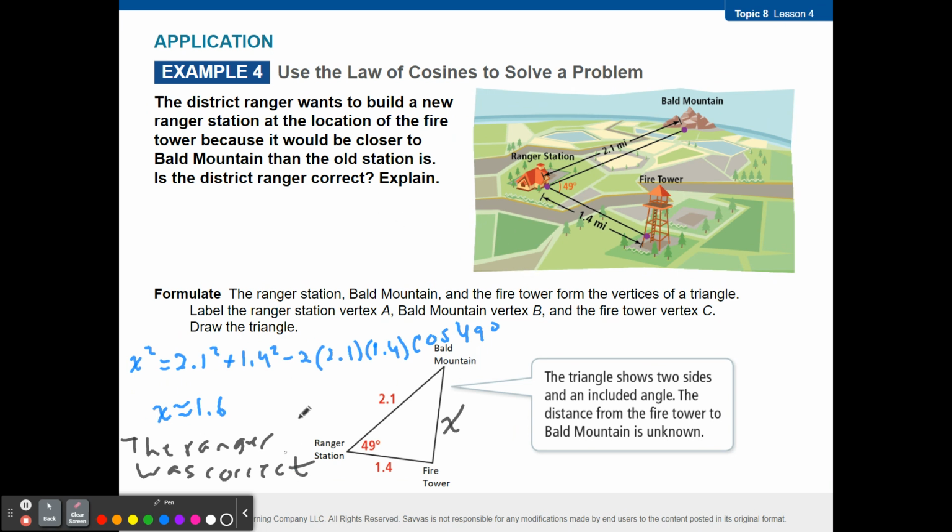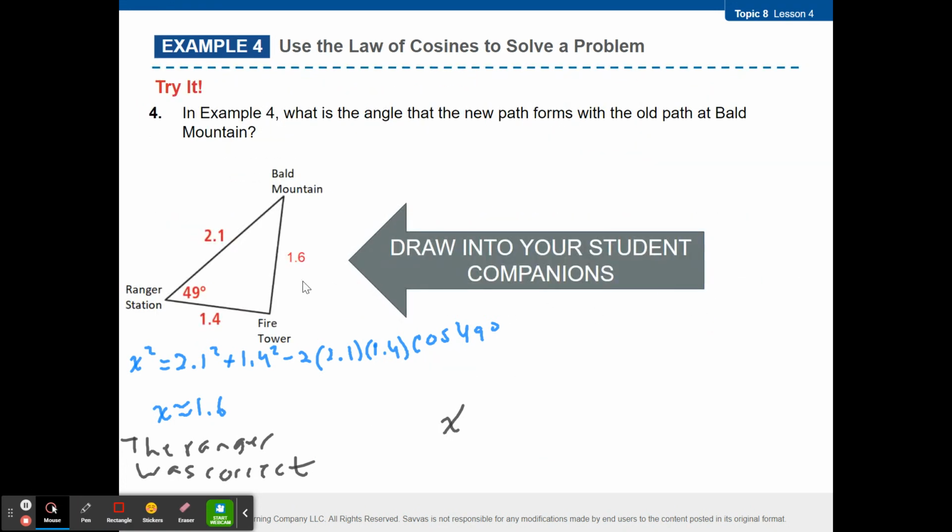All right, now this 1.6 we need to use for the you try it. Okay? So you're going to want to draw this picture. I included the 1.6 right here. Because what they want you to do now is find the angle. It says what angle does the new path form with the old path at Bald Mountain. So we already know the ranger station.